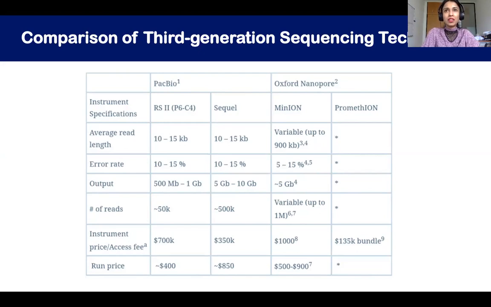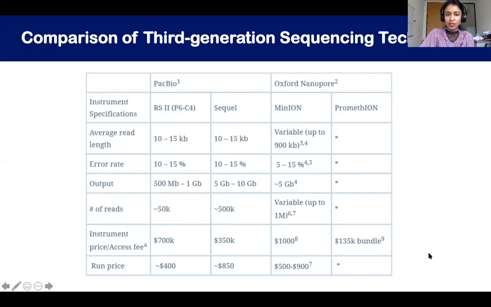And with Illumina, the error rates are 1 to 3%. It's very, very low, right? And the output with MinION is a bit lower, 5 GB, but with PromethION, you get up to 10 GB of data. It is a high throughput sequencing machine. Okay, and instrument price, this is still the same. Oxford Nanopore is still $1,000. You get one flow cell for $1,000.